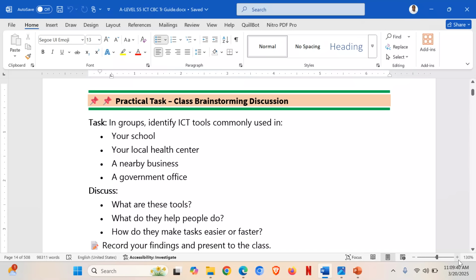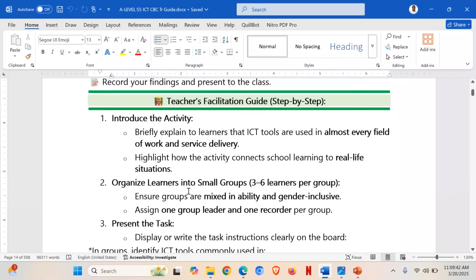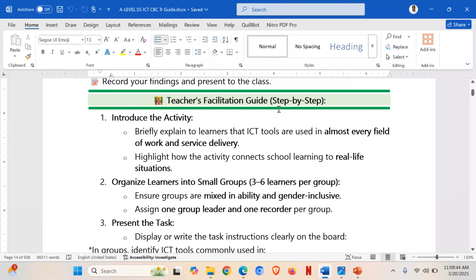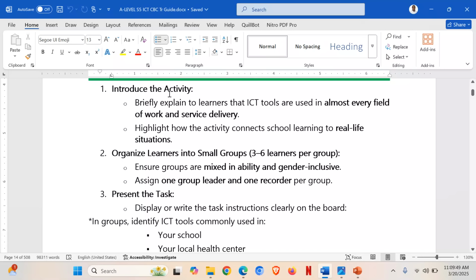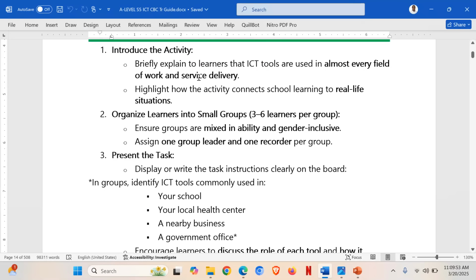For example, with this task, we have the teacher's facilitation guide step by step. The teacher is going to introduce the activity, briefly explain to the learners that ICT tools are used in almost every field of work and service delivery.